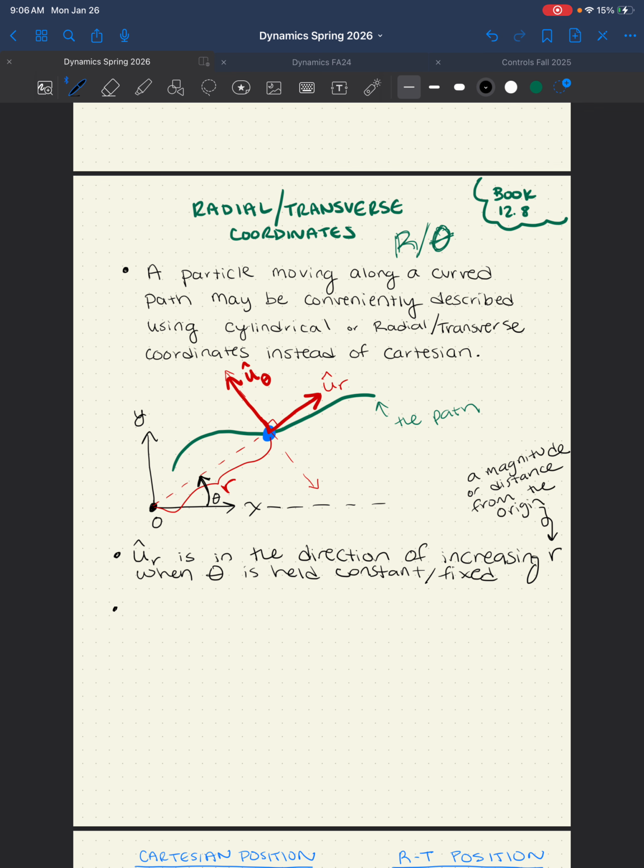All right, let's see now. u hat theta then is in the direction of increasing theta when r is held constant.